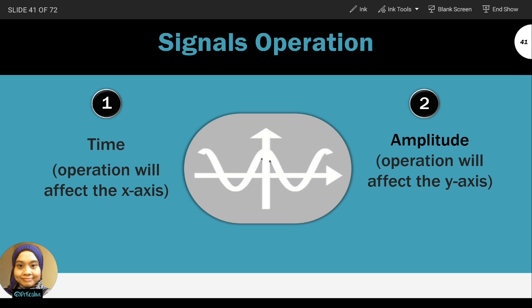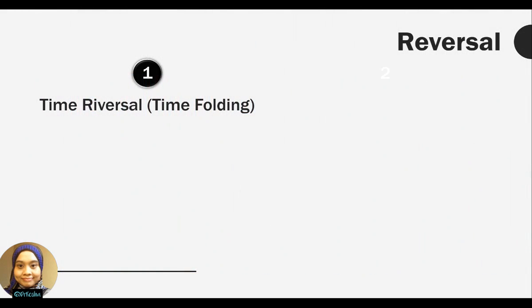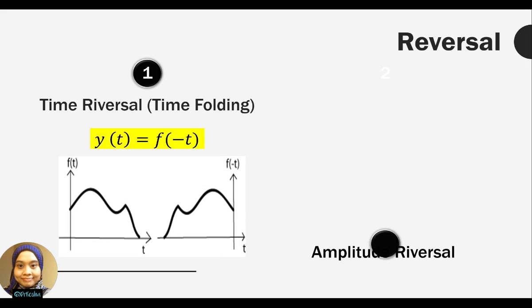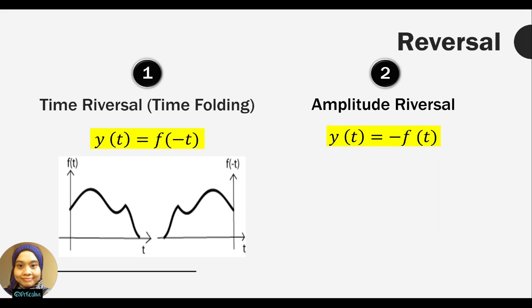The first one is time reversal, or what we call time folding. For example, we have this graph. This is f(t), and we want to reverse this function to be on the negative side.